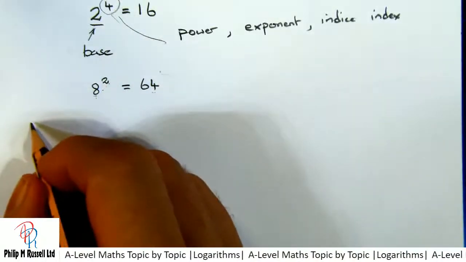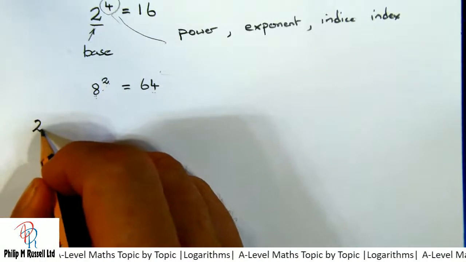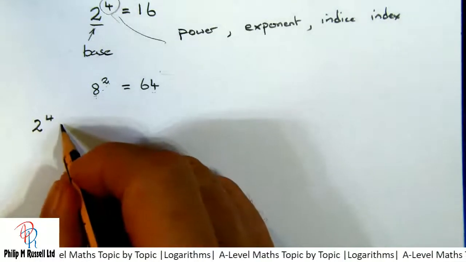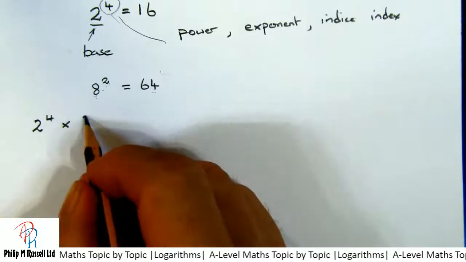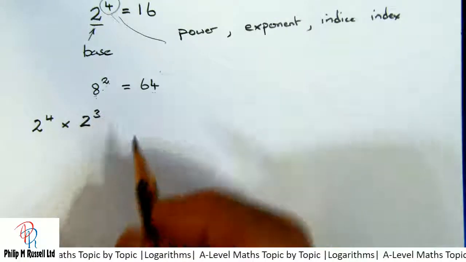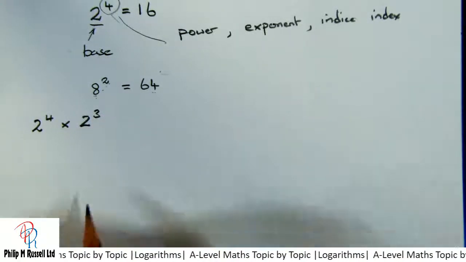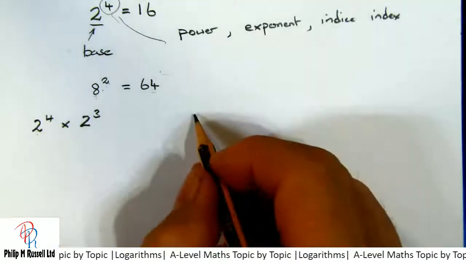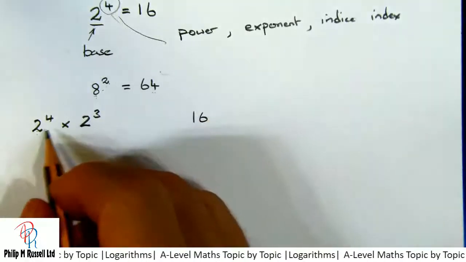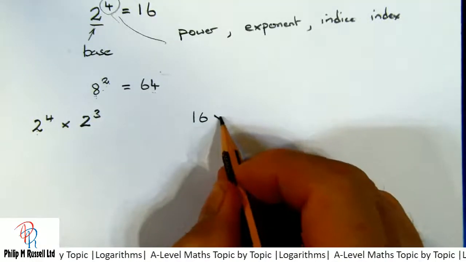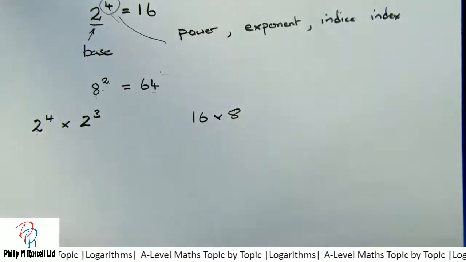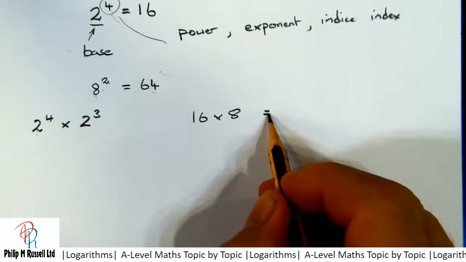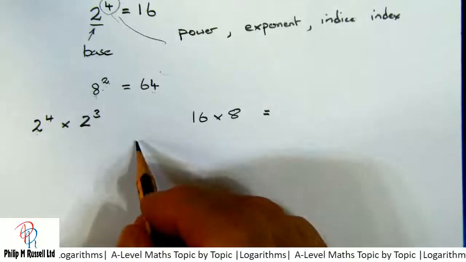Let's take a sum where I want to do 2 to the power of 4, and I want to multiply this by 2 to the power of 3. Now we can do this very easily. We know that 2 to the power of 4 is 16, and 2 to the power of 3 is 8, and I can simply multiply these together to get my answer.